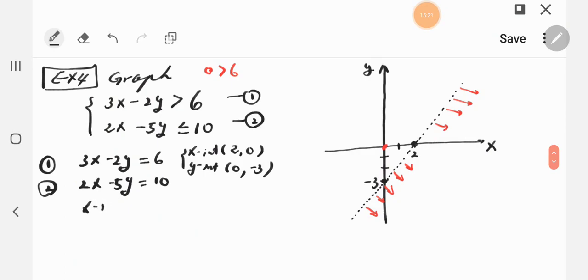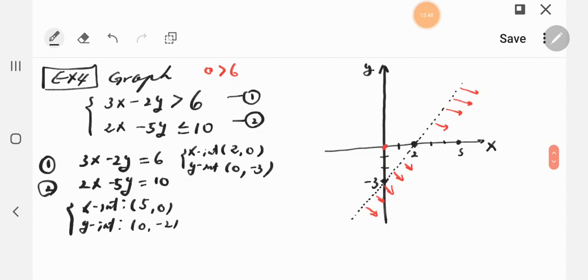Okay, let's find the graph of the second inequality. The x-intercept: set y equal to 0, then x equals 5. The y-intercept: x is 0, then y is negative 2. So we got these two points. 1, 2, 3, 4, 5, that's the x-intercept.